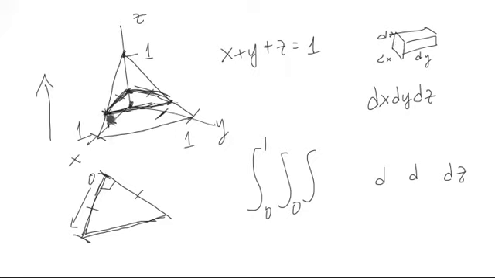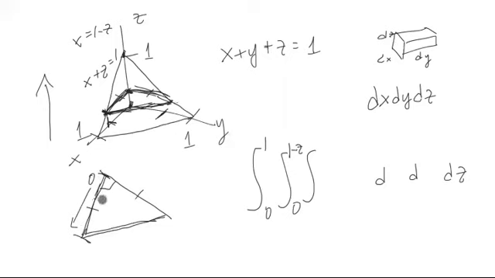If we were thinking in the xz plane right here, this line is actually equivalent to x plus z is equal to 1. And so x is equal to 1 minus z. This is the equation of this line, the relationship between x and z on this line. So if we're at this point, we want to write the x coordinate in terms of z, it would be 1 minus z. So x would be going from 0 to 1 minus z.